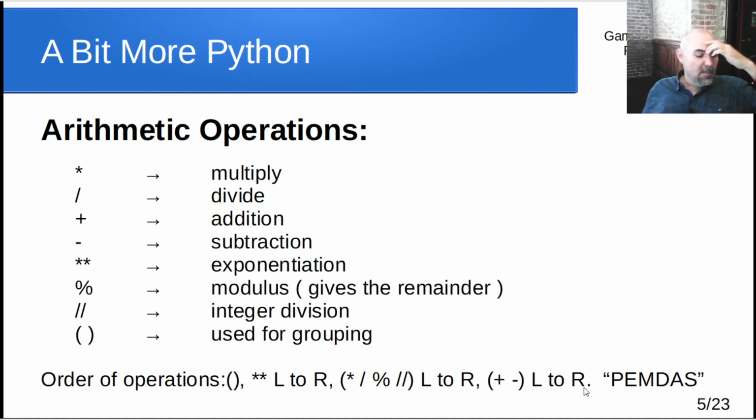And notice that I know they use this mnemonic in the algebra classes that you've had. They use this PEMDAS thing, which is parentheses, exponentiation, multiplication, division from left to right, addition and subtraction from left to right.